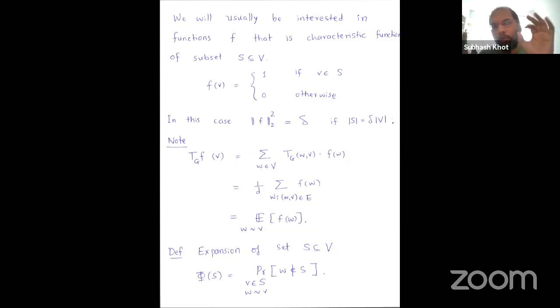Because for a typical set of very tiny size, say a random set of density alpha, the fraction of edges inside would be alpha squared. So it gets less and less likely for it to have too many edges inside. So for a random set of density alpha, as alpha tends to 0, the expansion of the set tends to 1. It's a simple observation, but just to keep in mind.